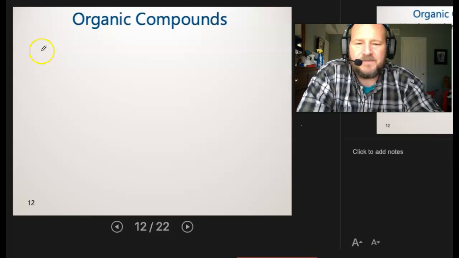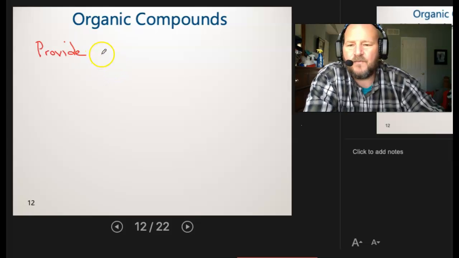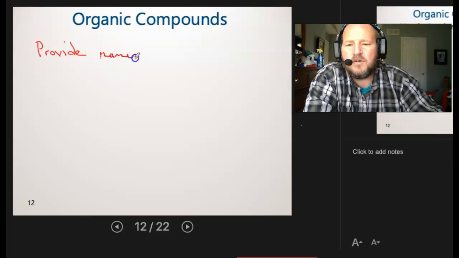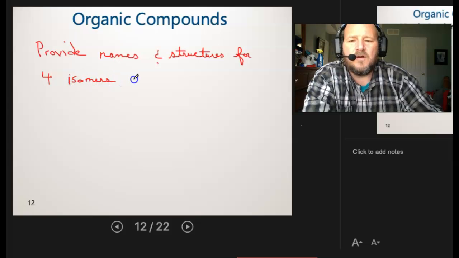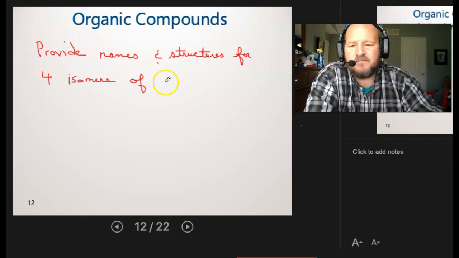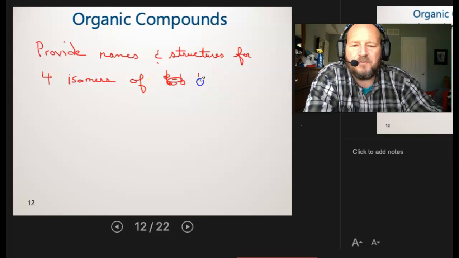So your typical test question might be something like: provide names and structures for, let's just say, 4 isomers of, let's do something like bromohexane.